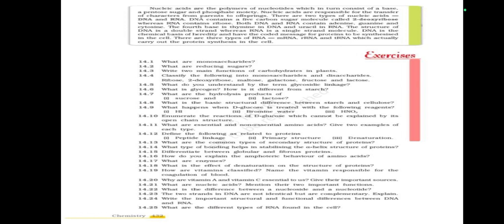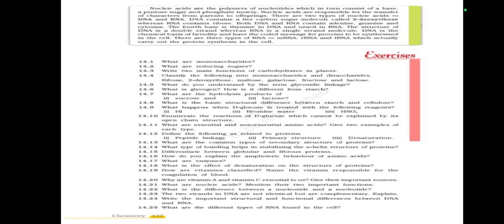Nucleic acids are the polymers of nucleotides, which in turn consist of a base, a pentose sugar, and a phosphate moiety. Nucleic acids are responsible for the transfer of characters from parents to offspring. There are two types of nucleic acids, DNA and RNA.